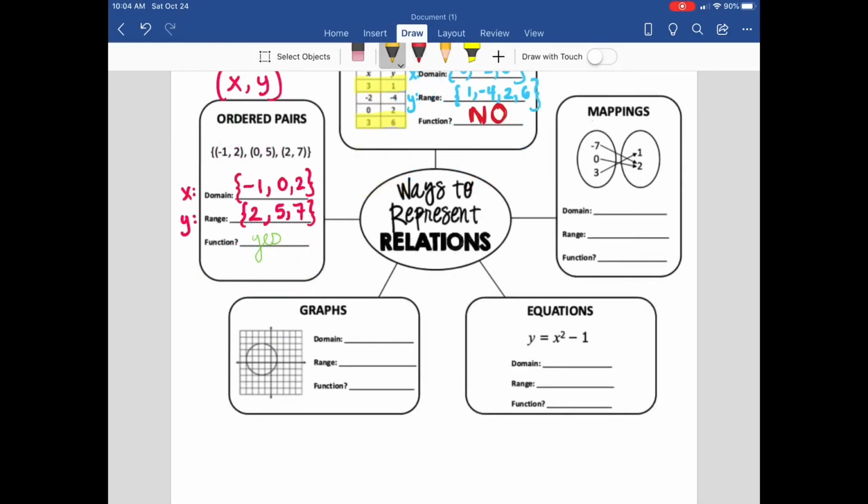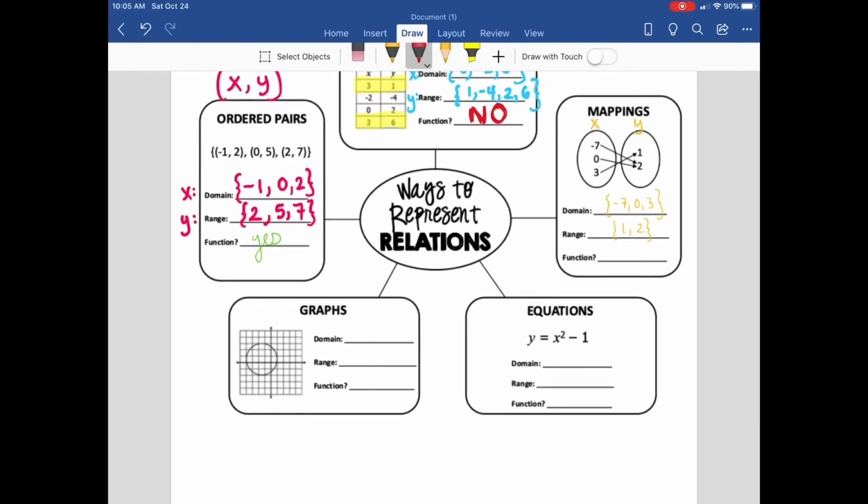So with our mapping examples, here we have our x values going to the second circle, which is the y values or ovals. So I think this should make sense now. What would we say the domain is? That's right, -7, 0, and 3. And our range is 1 and 2. Is this relation a function?